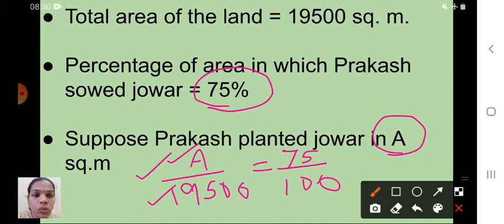Okay, so I hope you understood why I have written the statement like this. Yes, so now this equation we have to solve. Understood children? See here, A upon 19,500 is equal to 75 upon 100.